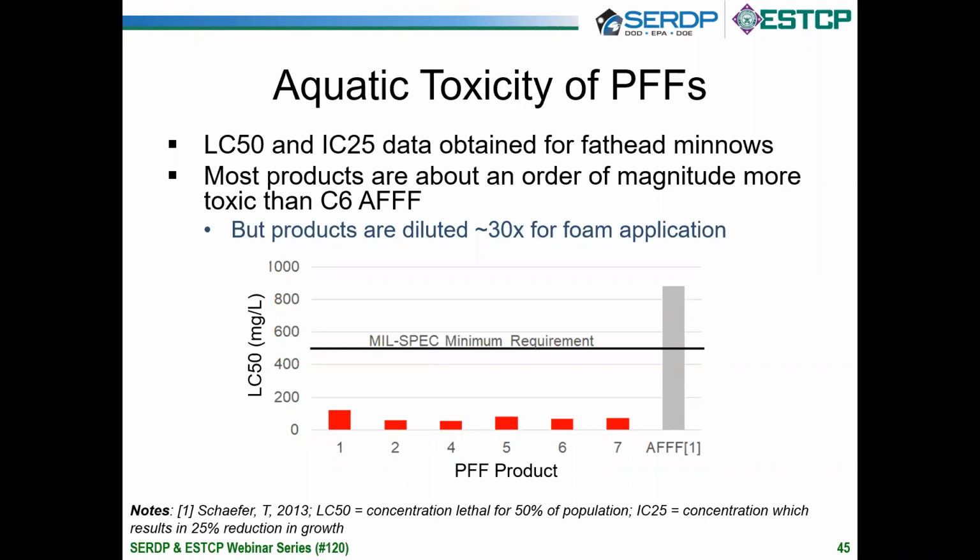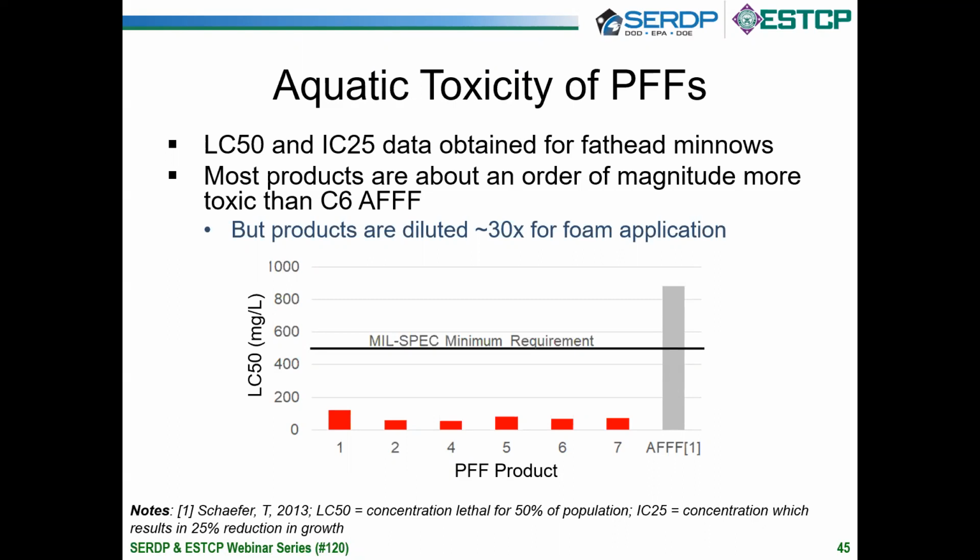But what I show here is the LC50. And in here, the gray bar is for the C6 AFFF product, and it meets the mil spec, which requires a minimum of 500 milligrams per liter LC50, but none of the other products meet that requirement. They are typically an order of magnitude more toxic, 5 to 10 times.